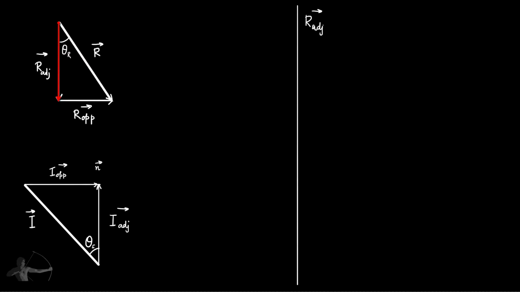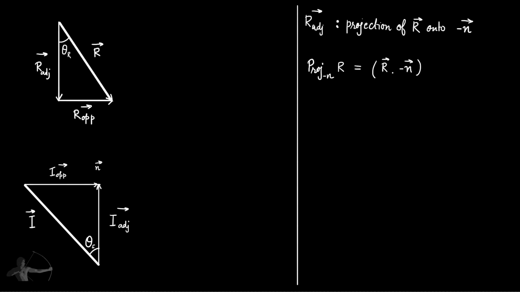And we know that R adjacent is a projection of R onto vector negative n. So the projection can be represented as projection of R onto negative n, and the formula for that is vector R dot negative n vector multiplied by negative n vector.